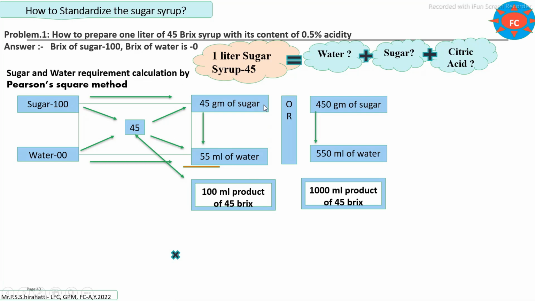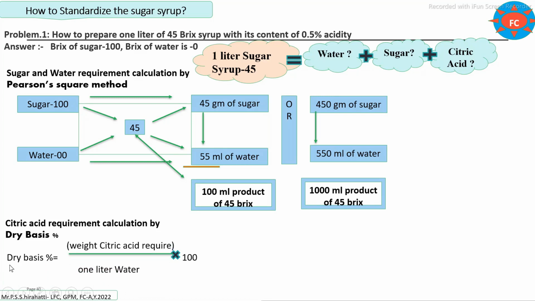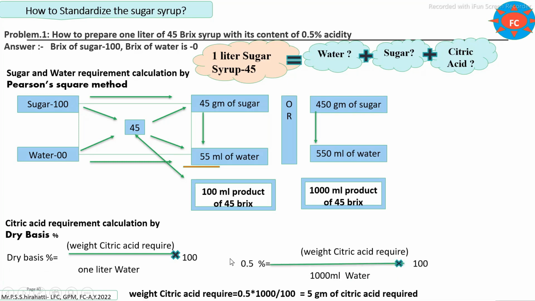As per these readings, we can calculate the requirement of the final product. Then the second term: how to calculate the amount of citric acid required? In this problem, the amount of citric acid required on a dry basis is 0.5%.